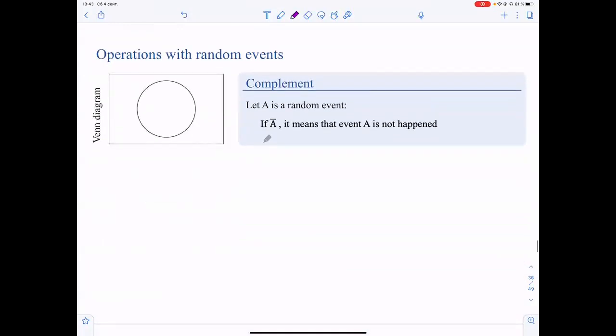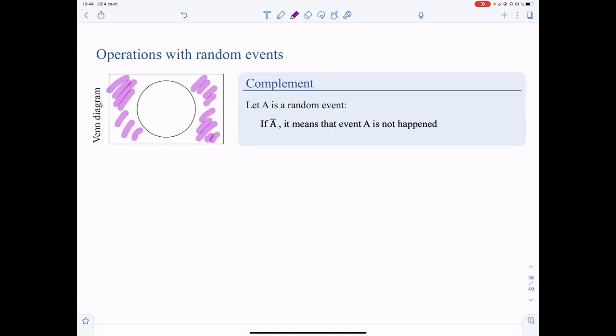A complement of a set says that any outcome may happen, but not an outcome that was included in A. So if this rectangle is your sample space, then it looks like a Japanese flag.